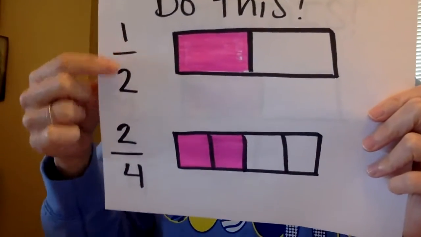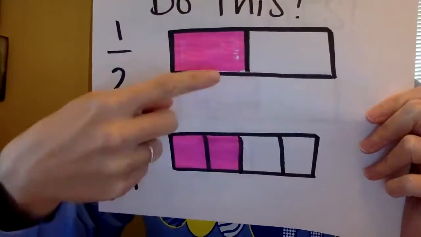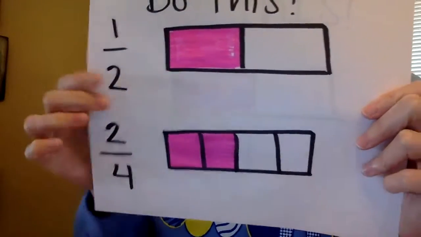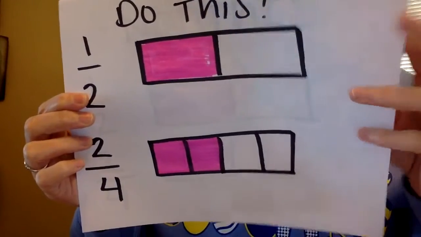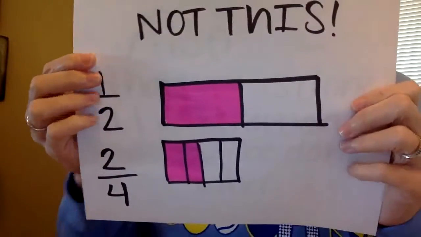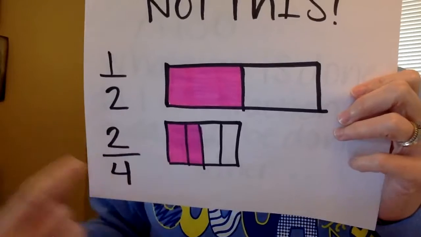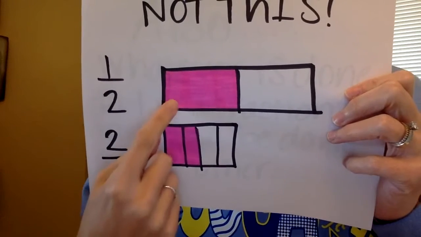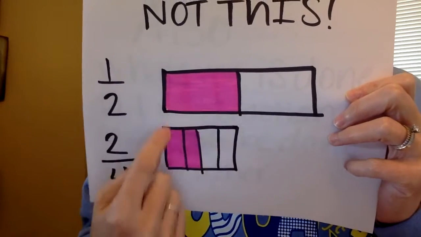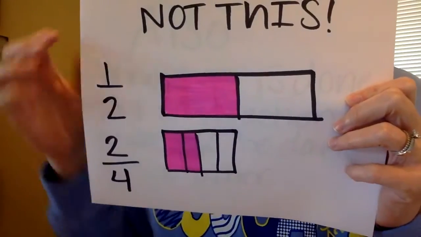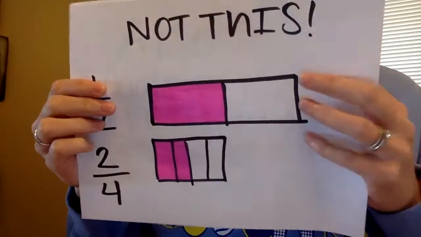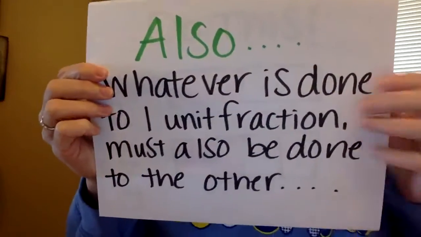Because I would have 1/2 and 2/4, so I can visually see that the area is the same with both of these models. I don't want to do this, because if you look, my area is not the same. It doesn't look the same because I didn't use the same size models. So we want to make sure that when we're drawing models that they're the same exact size.